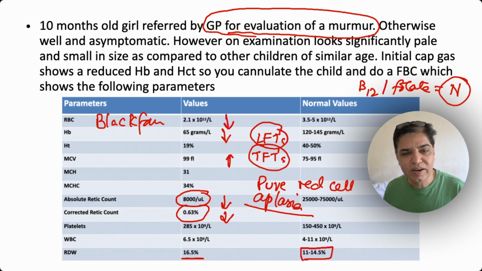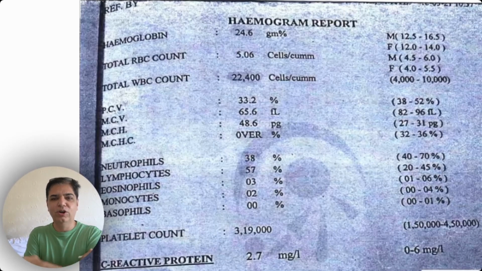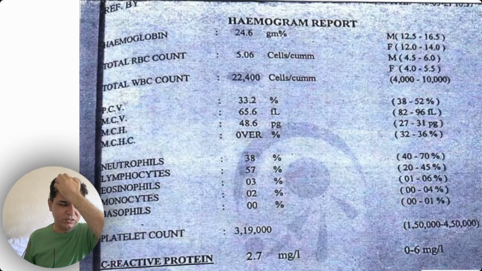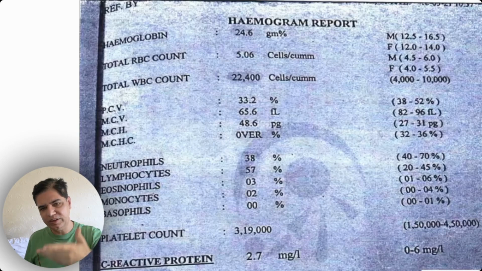Okay, let me tell you another interesting thing that can sometimes spin your mind. Look at this report. What's abnormal with this report? Is that polycythemia? Well, if we just identify the abnormalities in this report, then from there we can think, okay, where does this fit in?